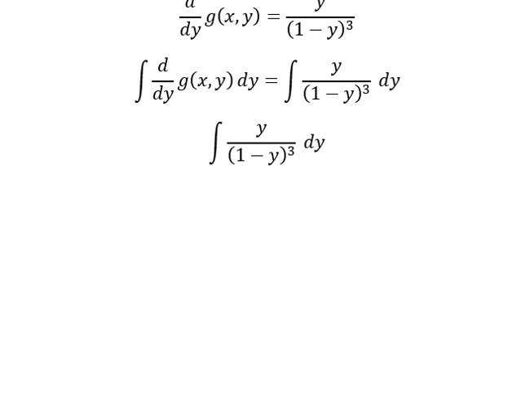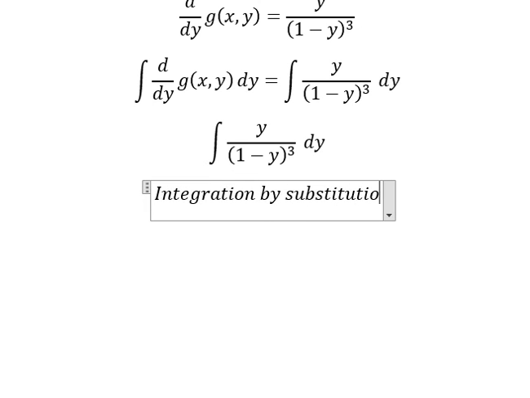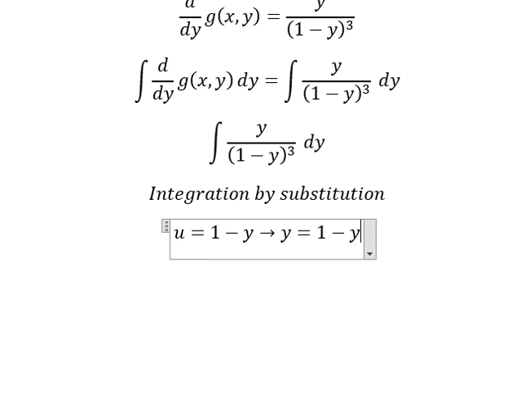So, we can use about integration by substitution. So I will put about u equals to 1 minus y. We have y in here, so I will put y go to the left, u will go to the right. Next, we need to do first the derivative for the both sides.